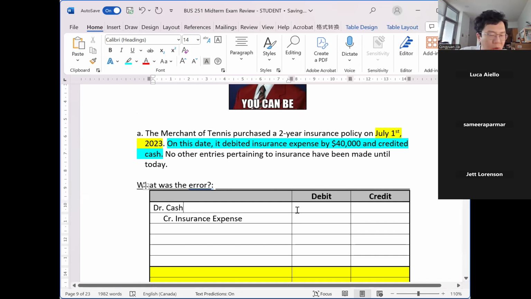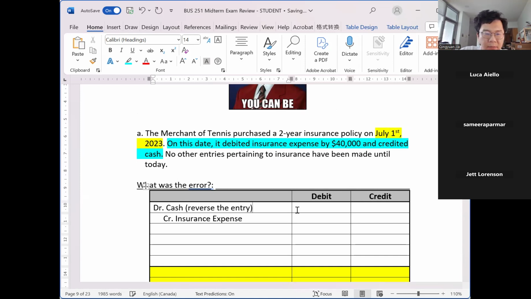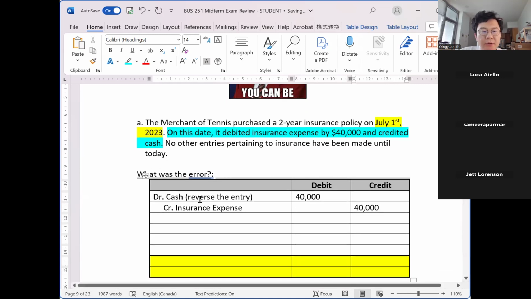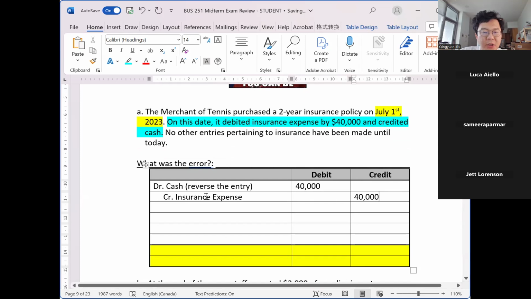So we are trying to do a reverse one. We debit 40,000, credit 40,000.